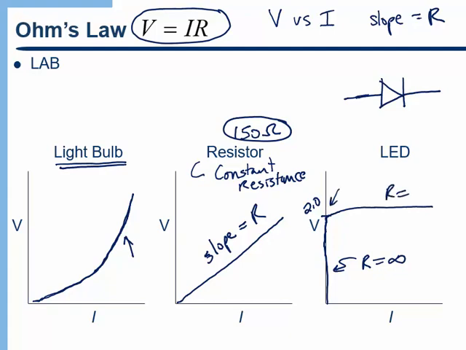And then notice its resistance went to 0. So Ohm's law works for any component, but notice it's only a resistor where the resistance is constant and you get a straight line when you plot V versus I. For other devices, you don't.